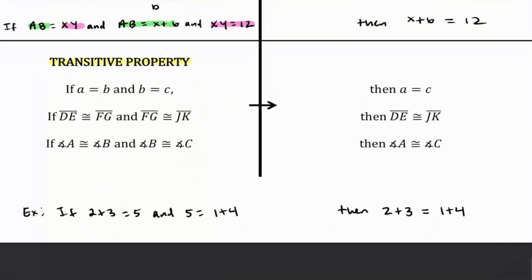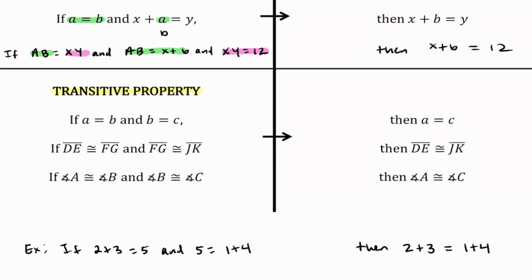So this is where the transitive property comes into play. If 2 plus 3 equals 5 and 5 equals 1 plus 4, then 2 plus 3 equals 1 plus 4.